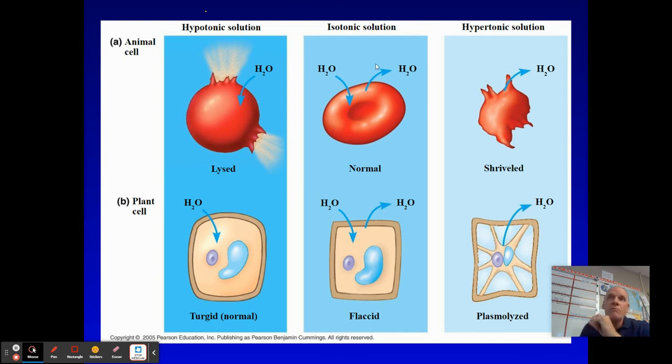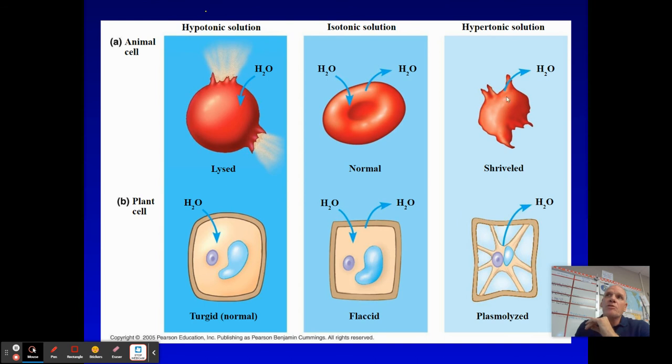Okay? Animal cells like to be in an isotonic solution, where there's an equal amount of solute both inside and outside of the cell. So our plasma that we have in our blood, and in between all our cells, has the same solute concentration as the cells themselves. Plants don't really like that. They become flaccid, i.e. they start to wilt a little bit in an isotonic solution.